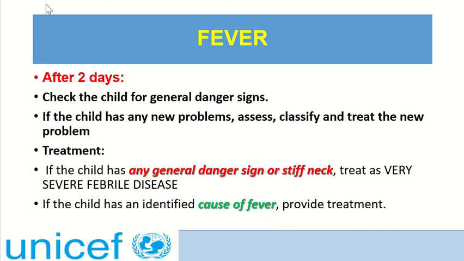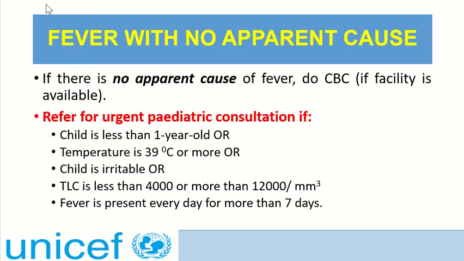Check the child for general danger signs when they come, and if the child has any new complaint, assess, classify, and treat the new problems. If the child has any general danger signs or stiff neck, treat as very severe febrile disease. If the child has an identifiable cause of fever, provide treatment. And if there is no apparent cause of fever, do CBC again and look.